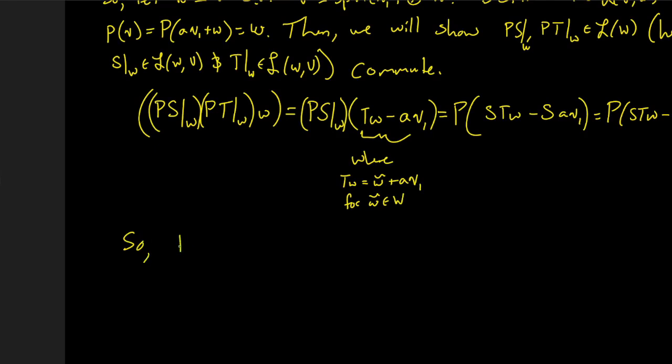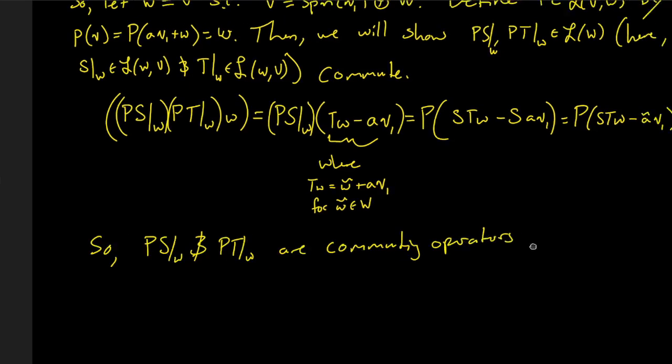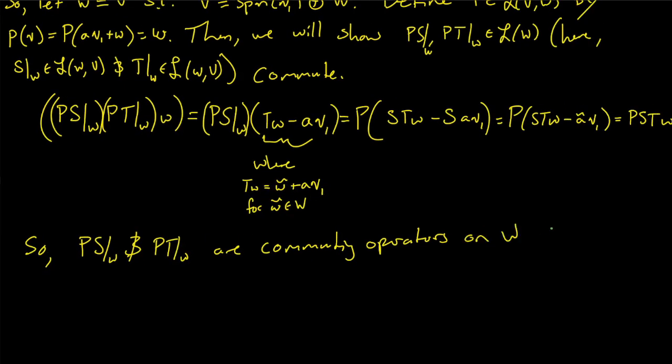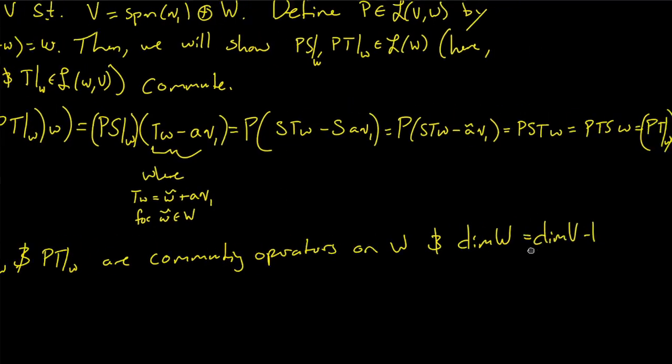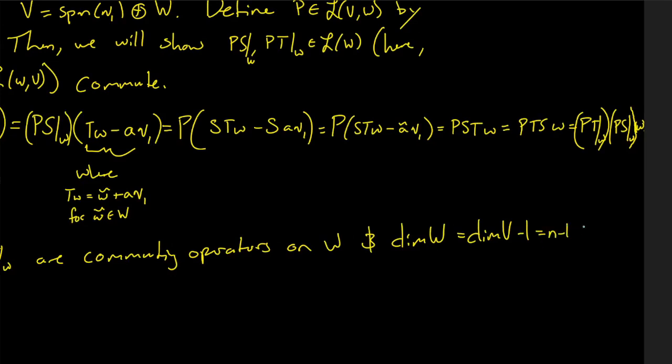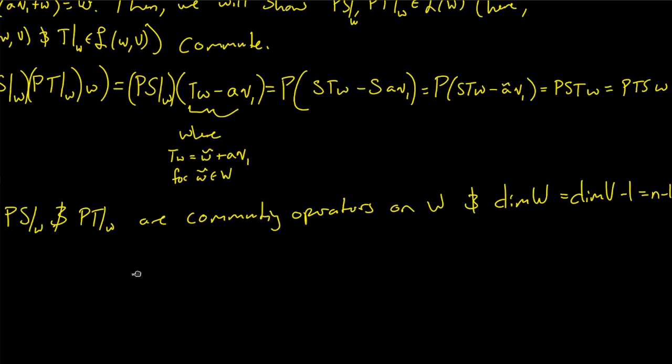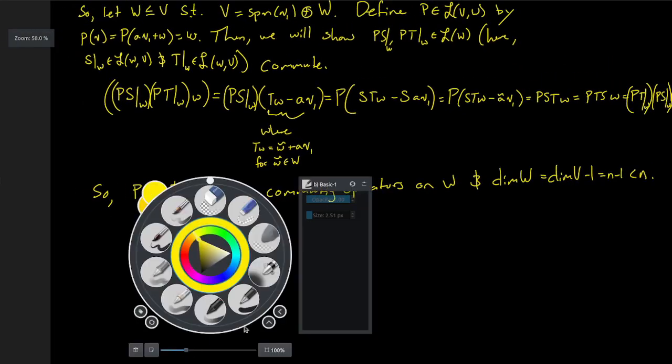So P of S restricted to W and P of T restricted to W are commuting operators on W, and dim W is equal to dim V minus 1, which is just equal to N minus 1, which is strictly less than N. Oh, okay. Cool.